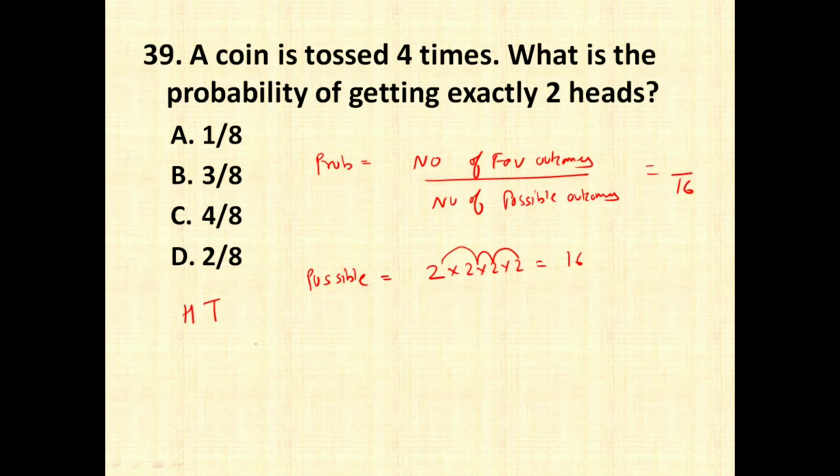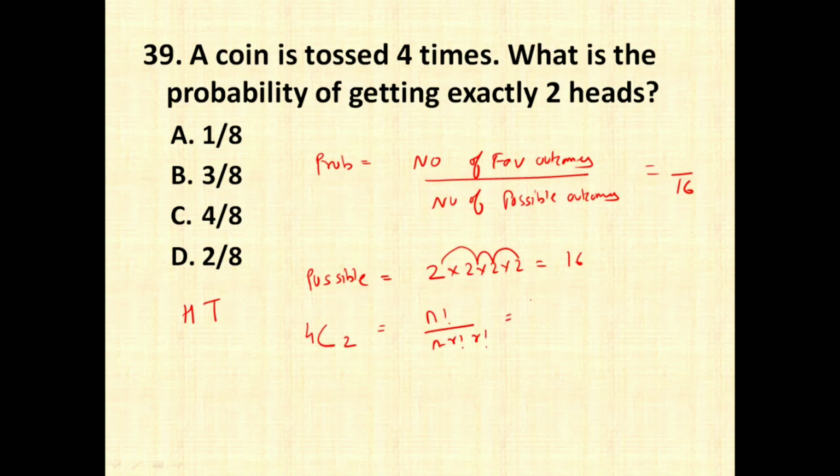Now let us see what the favorable outcomes of getting 2 heads are. The favorable outcomes of getting 2 heads can be calculated by the formula 4C2. That is n factorial divided by (n minus r) factorial into r factorial.